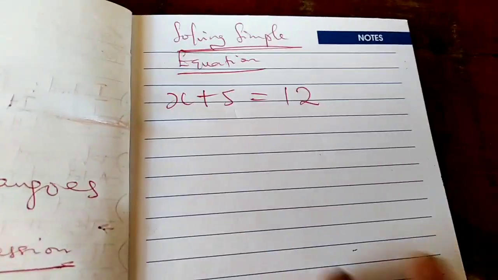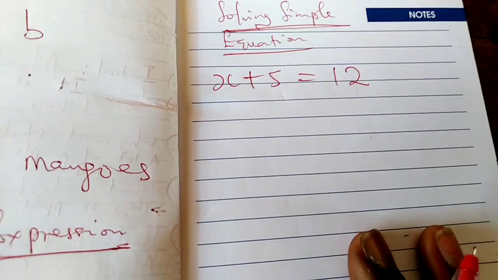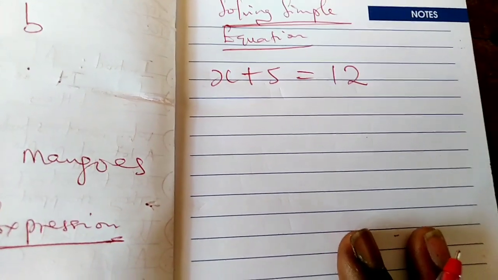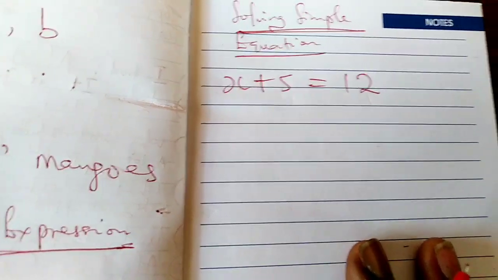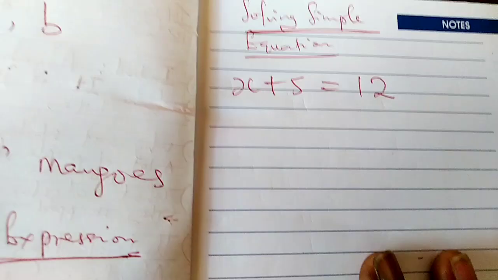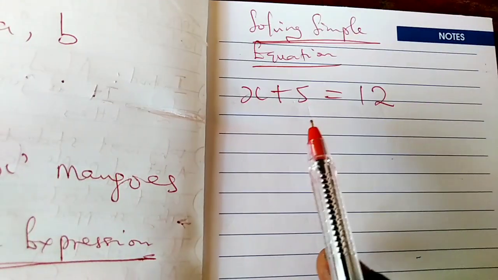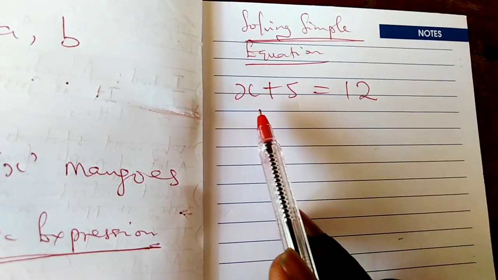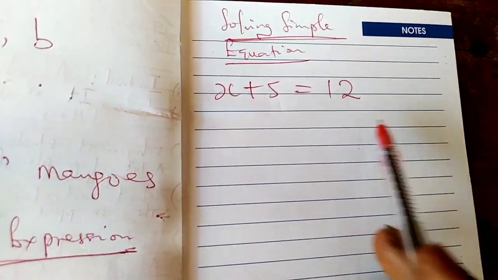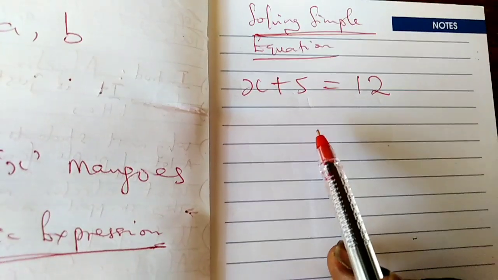Okay, now let's solve simple equations. Firstly, you have to understand what an equation is. An equation is a mathematical statement with an unknown. Looking at this expression, we have x plus 5 equals to 12. They are asking us to look for an unknown.